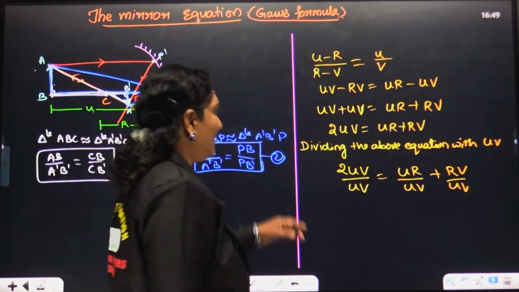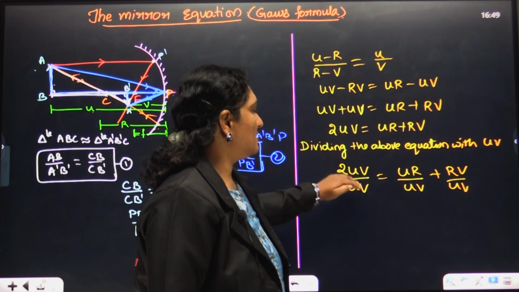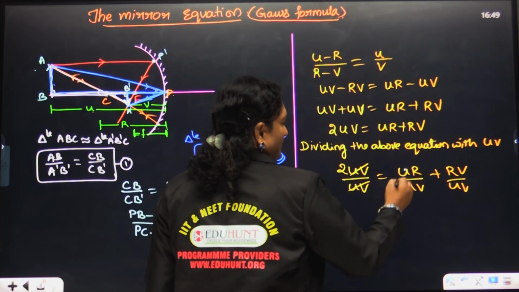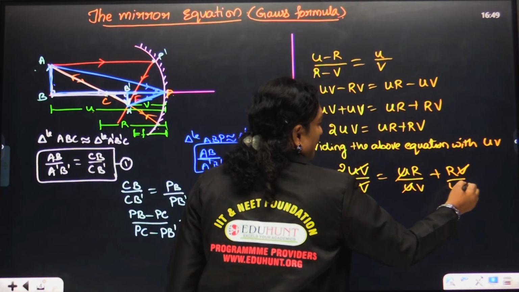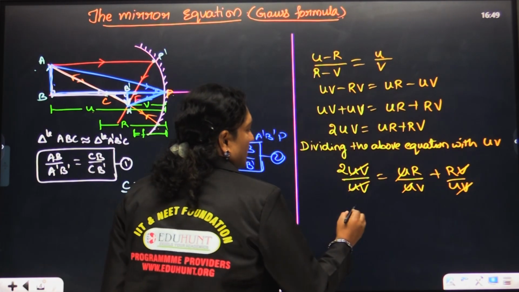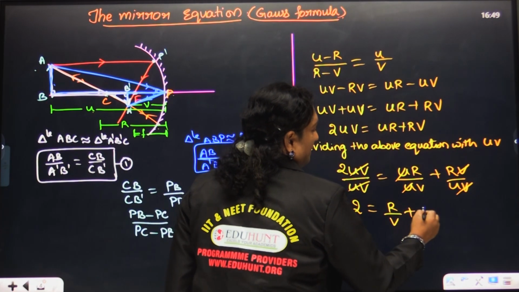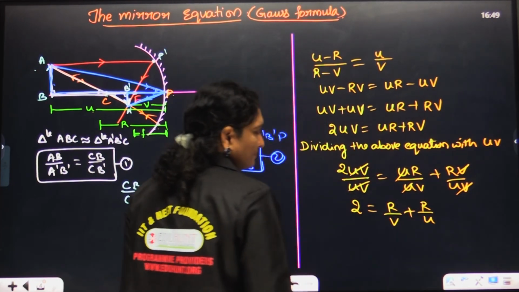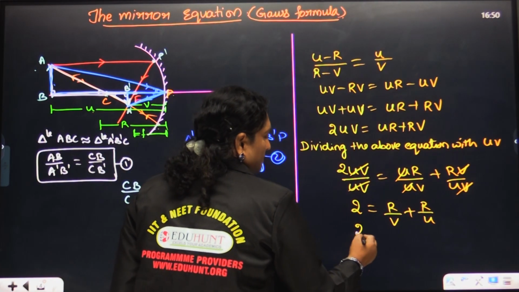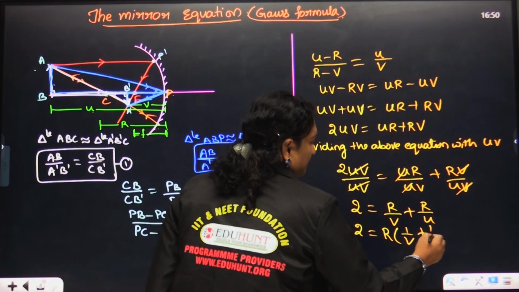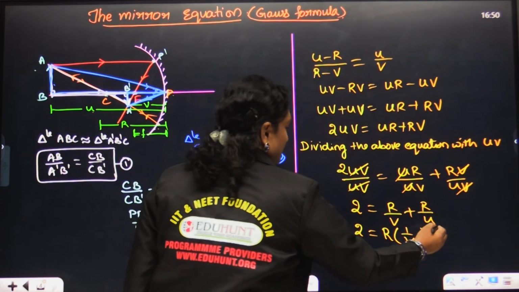So U gets cancelled and V gets cancelled, and you are left with 2 is equal to R by V plus R by U. So, 2 is equal to R, once taken common, you are left with 1 by V plus 1 by U.